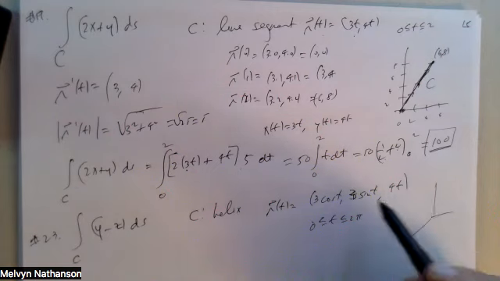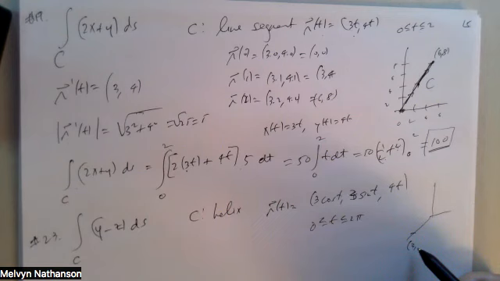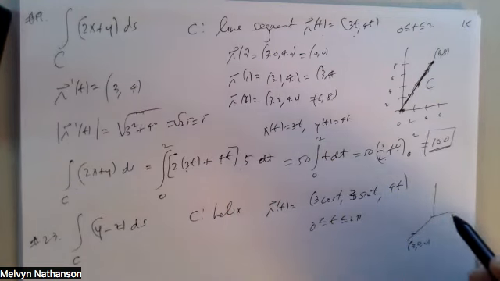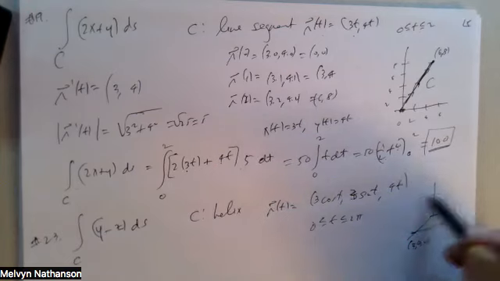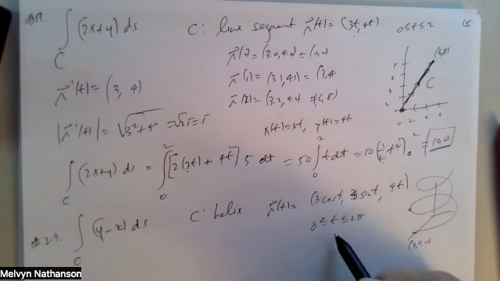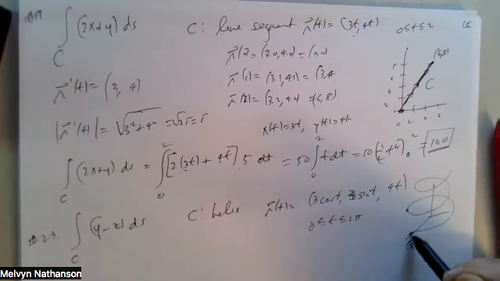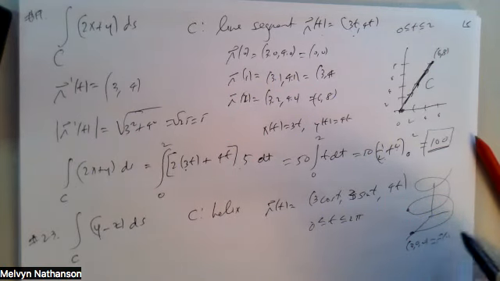When t is 0, you're at the point 3, 0, 0. And as t increases, you're going around a circle but moving up at the same time. So you're going around what is called a helix. From t going from 0 to 2 pi, that's 1 revolution. You're starting here, this is r of 0.